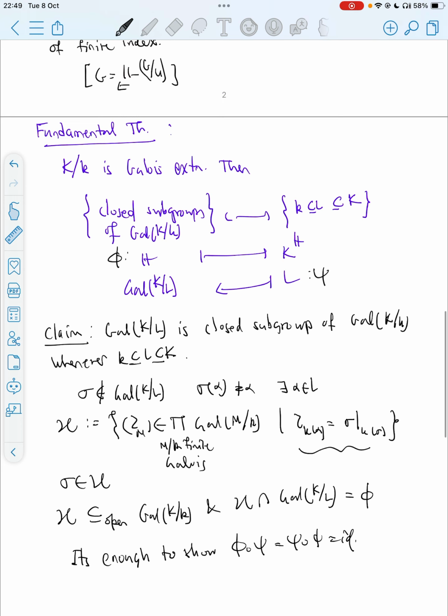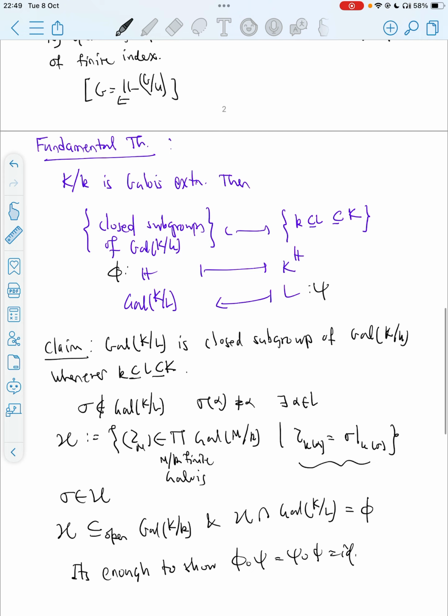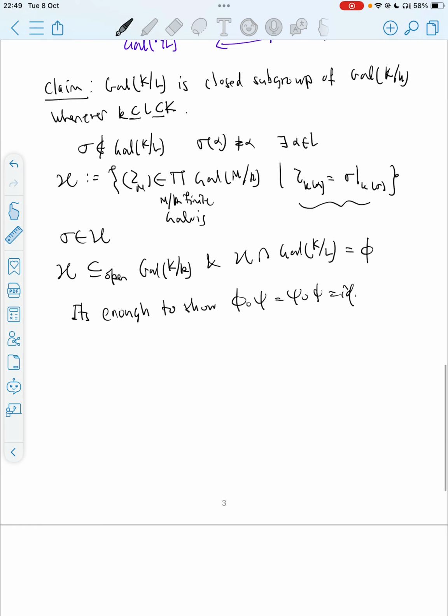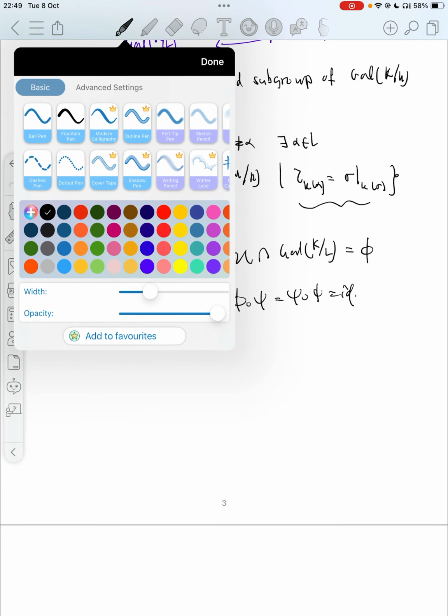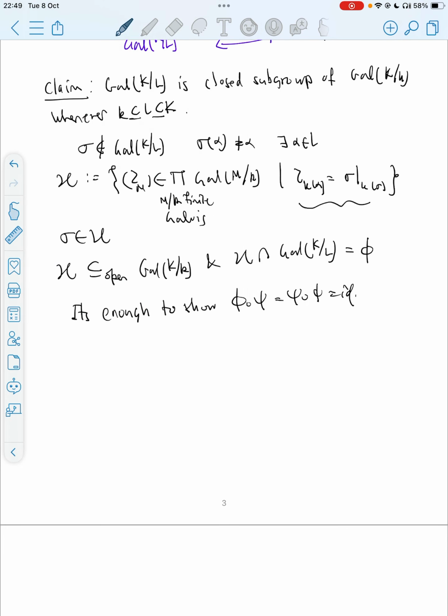And if you want to find a counterexample showing why closed subgroups are needed, you can search online for the notes of Keith Conrad.